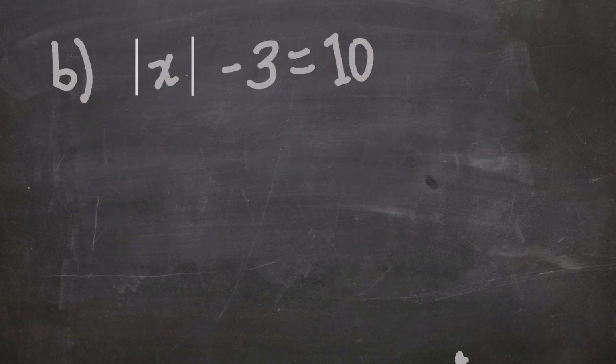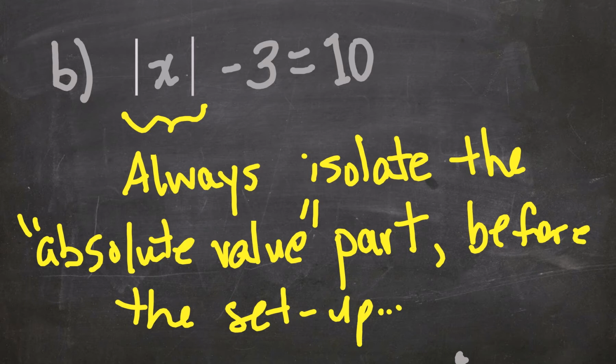Here in this example, we have the absolute value of x minus 3 is equal to 10. Now, what I'm about to tell you is absolutely crucial to you setting up these problems correctly. Always isolate the absolute value part of the problem before the setup.